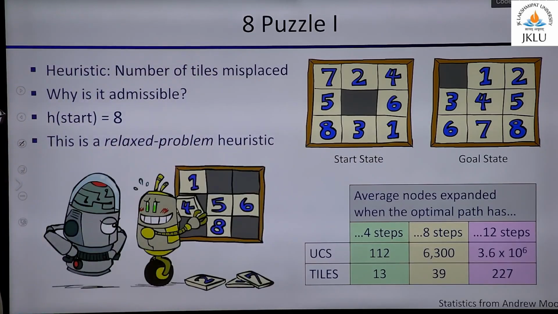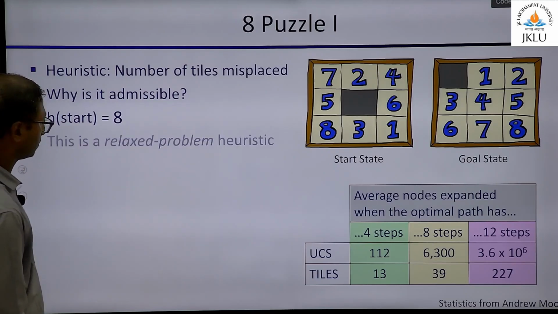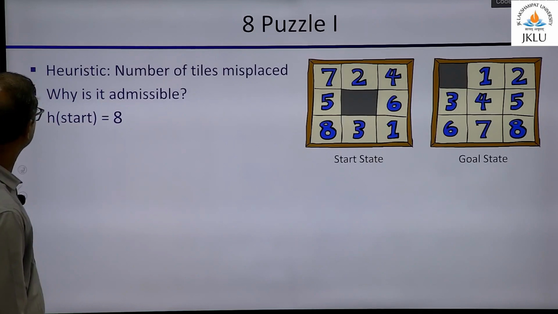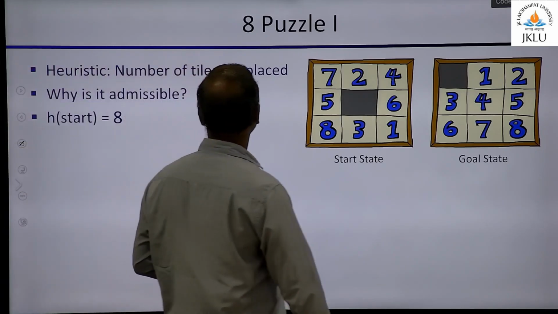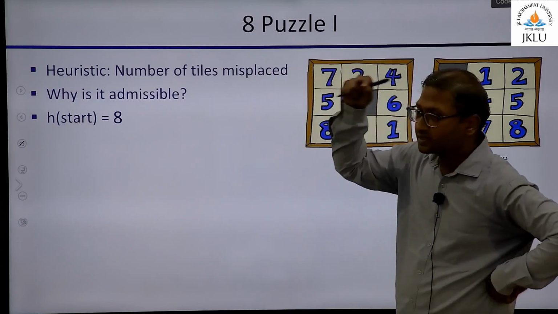Number of tiles misplaced. Why is this admissible?